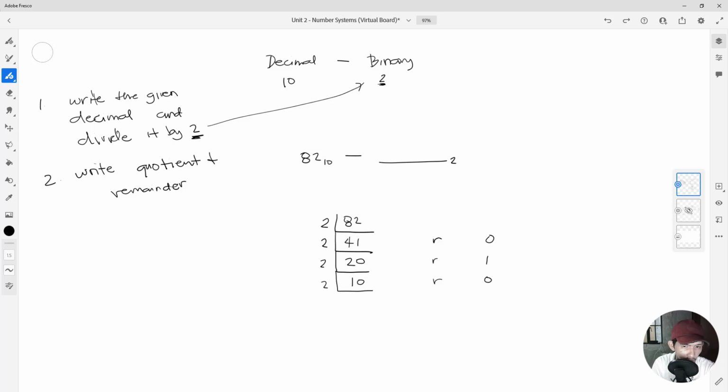So, the answer is 5, and we don't have any remainder for that, so the remainder is 0. Then, let's divide it again. The answer is 2, and then we have a remainder na 1. And then, divide natin siya into 2. The answer is 1, and we have no remainder for that.